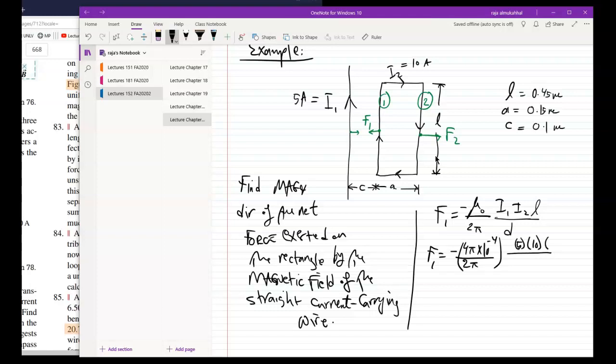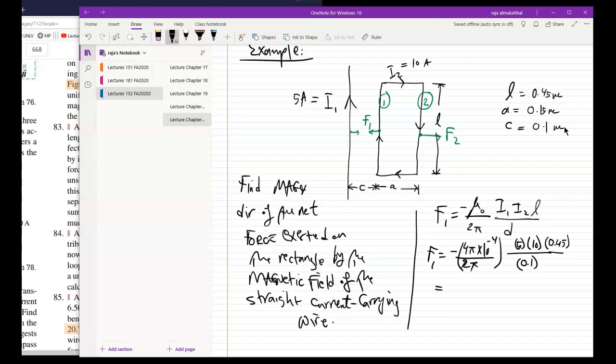The length given to me right here is 0.45, divided by D. What's D here? D is basically the distance between the two wires, which is C for our case. See that? So this is the distance between them, basically C, and that's equal to 0.1. That's it. Plug it in.